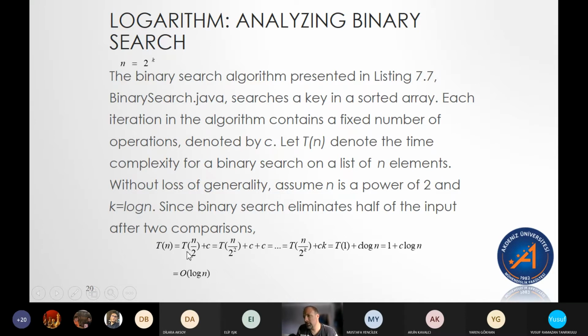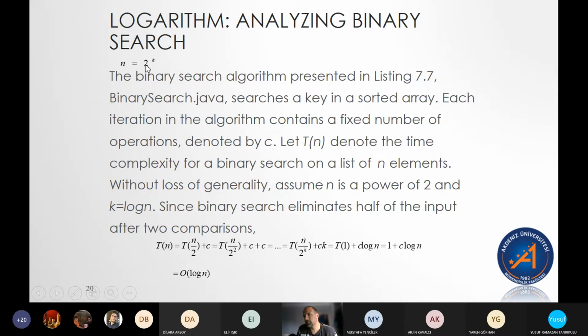But we can use the fact that the time to search through n items is the time to search through n over 2 plus some constant, which is the time to search n over 4 plus a constant, twice over. And what we end up with is n over 2 to the k.